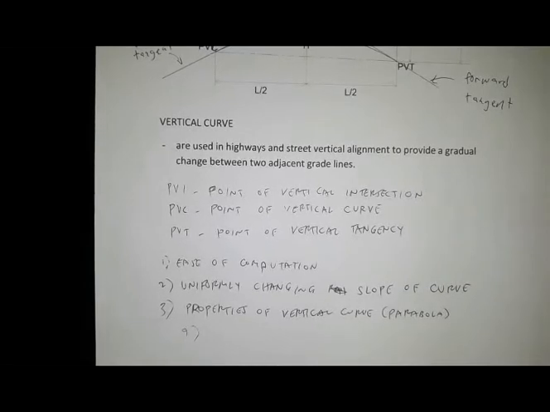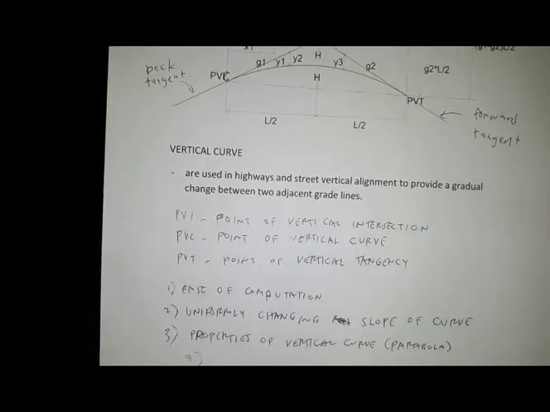Letter A, the vertical offsets from the tangent to the curve are proportional to the squares of the distances from the point of tangency. So what does it mean?